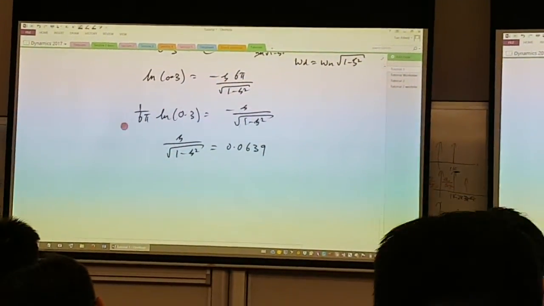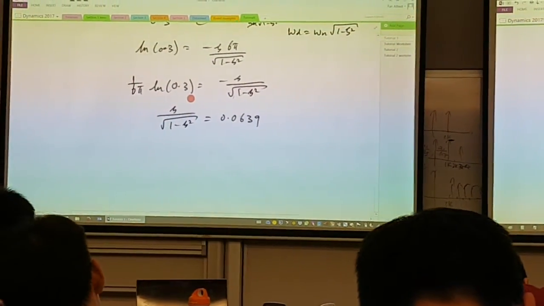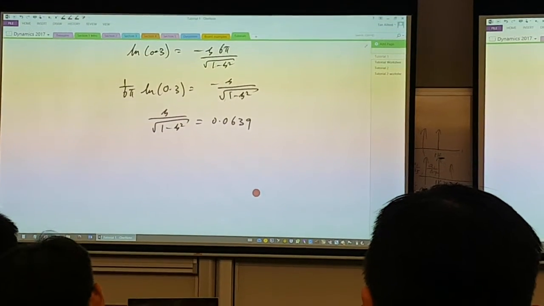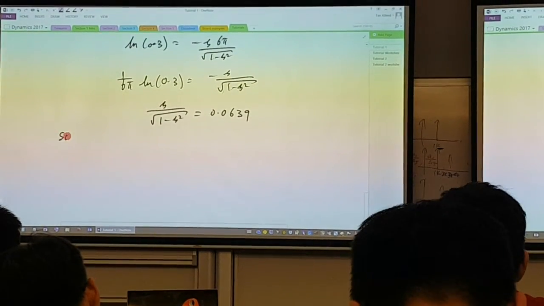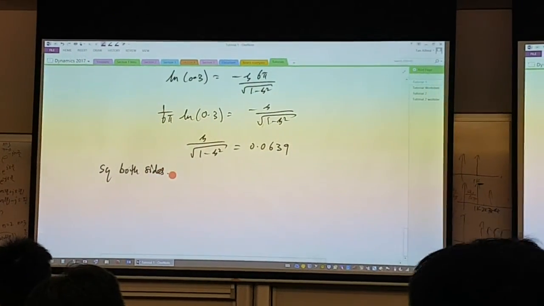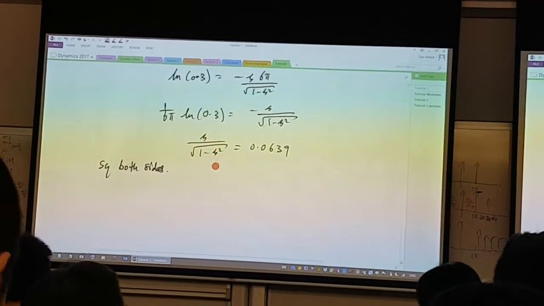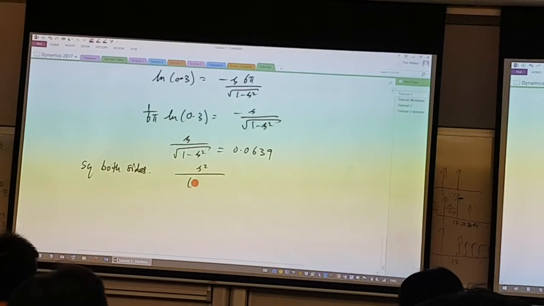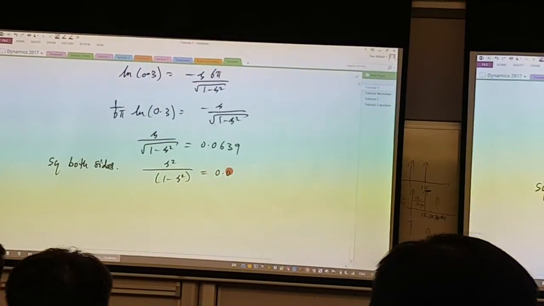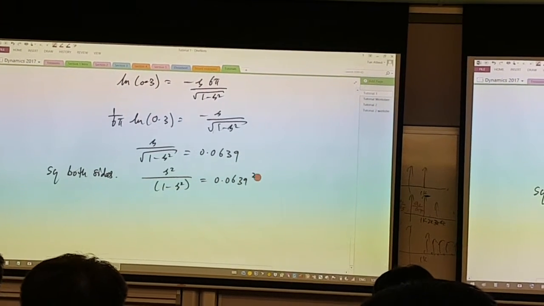This one is all constant over here. And the next thing is to square both sides. Right, that's how we do it. So if we square both sides, this is squared, this is 1 minus zeta squared equal 0.0639 squared.